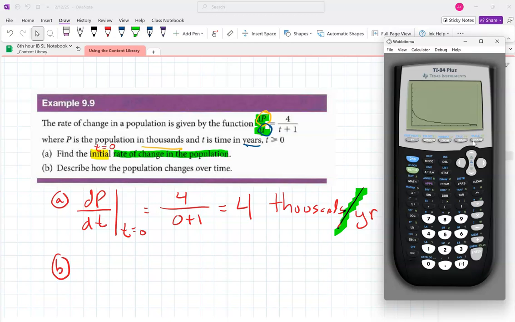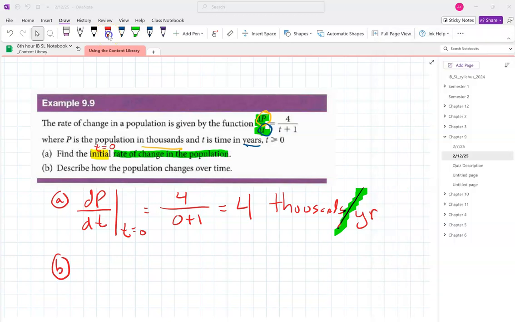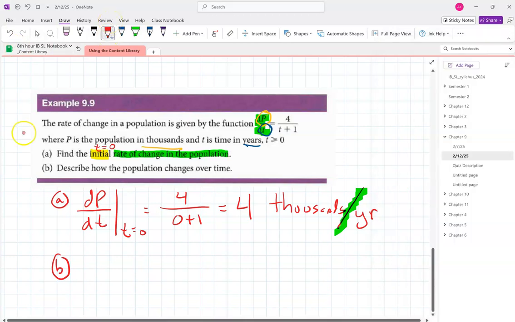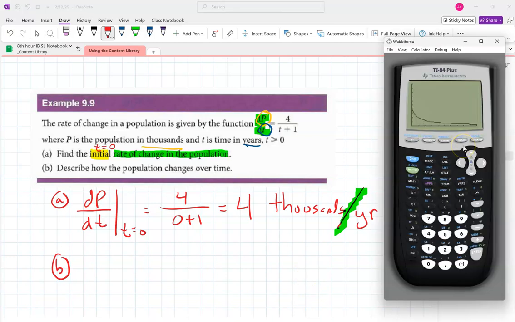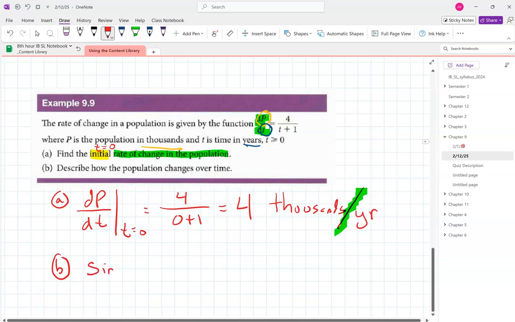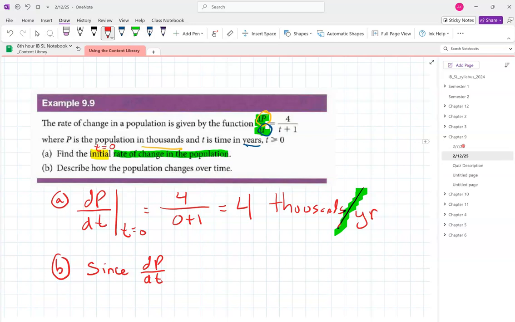What do you notice about the rate of change in the population? Think about it in terms of what we did earlier. Is it always positive or negative, or does it change? It's always positive, right? Well, the rate of change for population could be negative. So since the derivative is always greater than 0, what can I say?